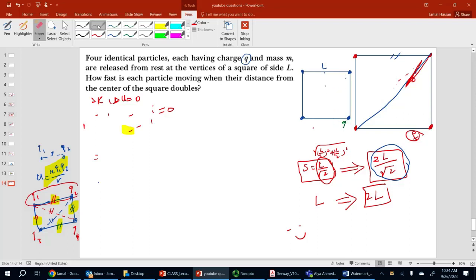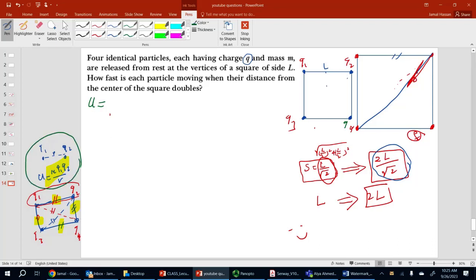Okay, so let's think about it again. We have Q1 here, Q2 here, Q3, Q4. If we want to find the potential energy of this combination of charges, potential energy is equal to, for two charges, this is the term that we write, K Q1 Q2 divided by R. But here Q1 interacts with Q2, so there is one term.